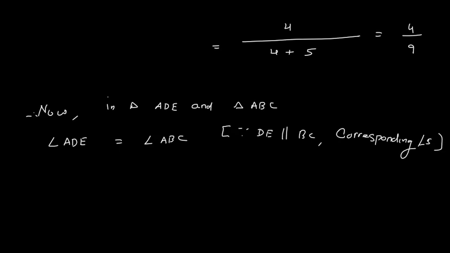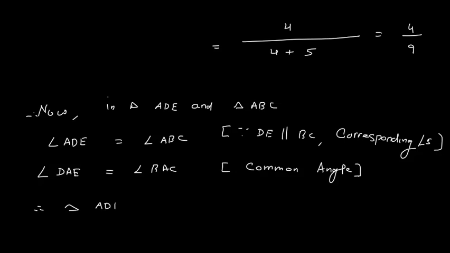Also, angle DAE is equal to angle BAC. Why? They are common angles. So therefore triangle ADE is similar to triangle ABC. The criterion is AA axiom. By AA axiom, these two triangles are similar.